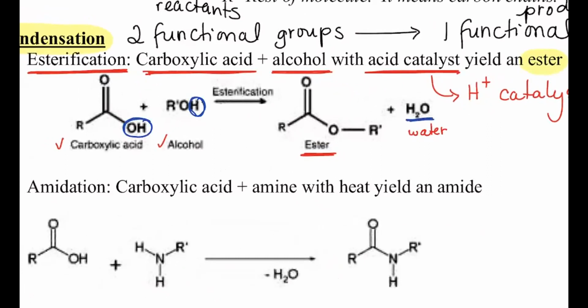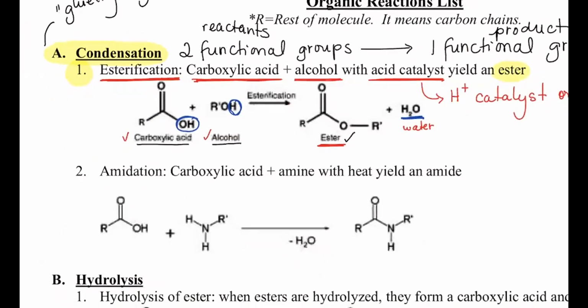That's where the water comes from, okay? So in esterification reactions, you may or may not see water as a product. The main thing that you have to remember here is that when it comes to this condensation reaction, again, carboxylic acid and alcohol will form an ester, okay?